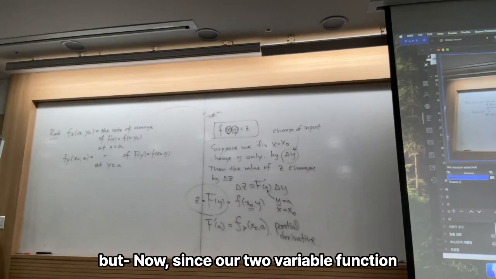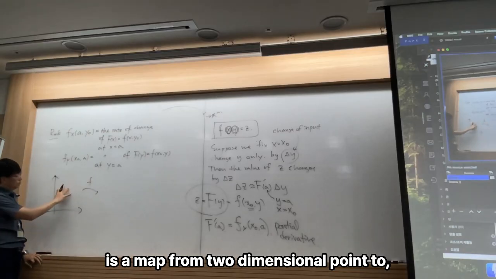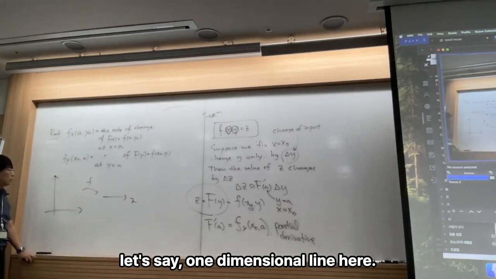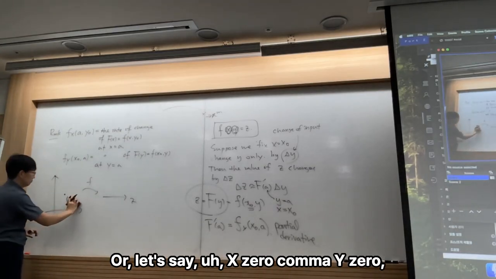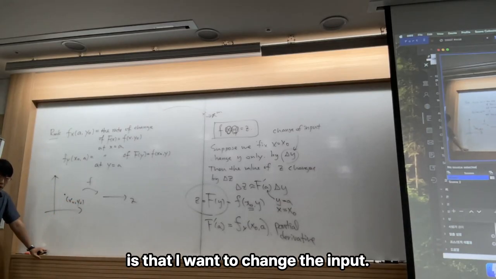But now, since our two-variable function is a map from a two-dimensional point to, let's say, a one-dimensional line here. So if I have a point (x0, y0), then the whole point is that I want to change the input.